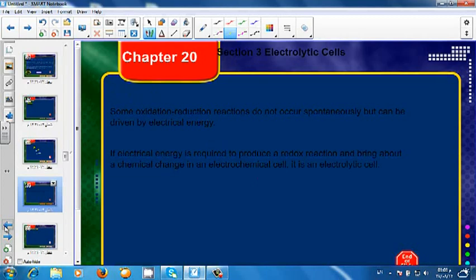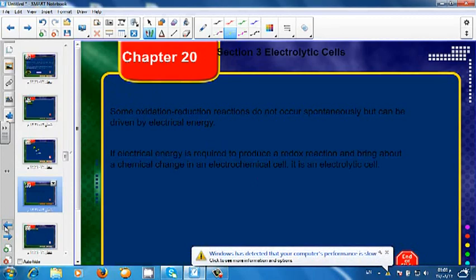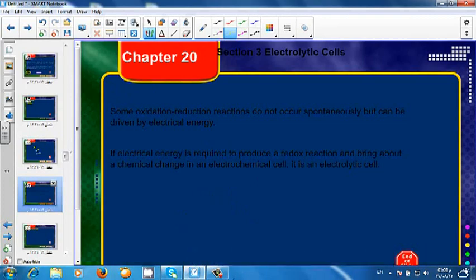Some oxidation reduction reactions do not occur spontaneously, but can be driven by electrical energy. And this is the difference between the electrochemical cell and the electrolytic cell. The electrochemical cell is a spontaneous one, but an electrolytic cell needs force or energy in order to force the oxidation reduction reaction to occur.